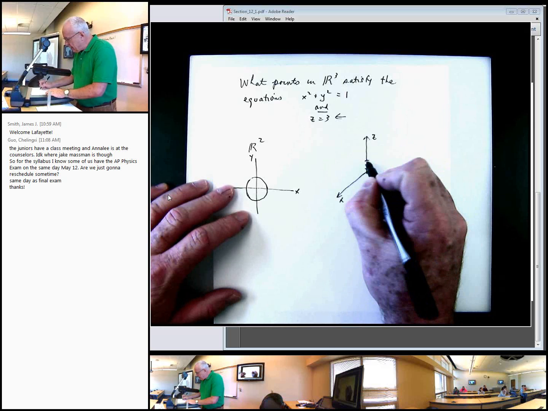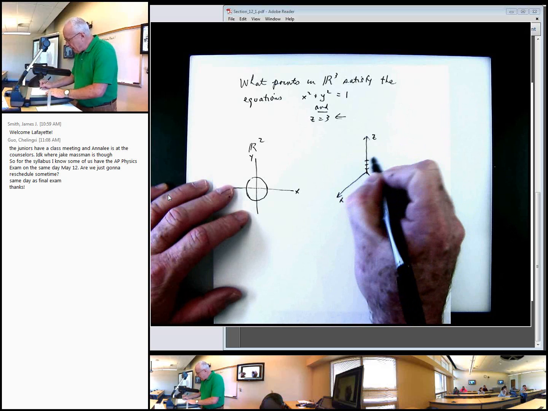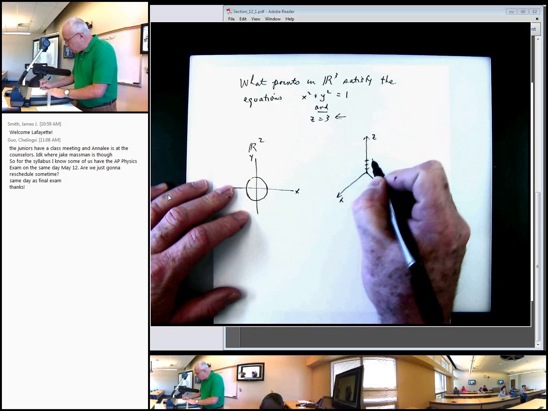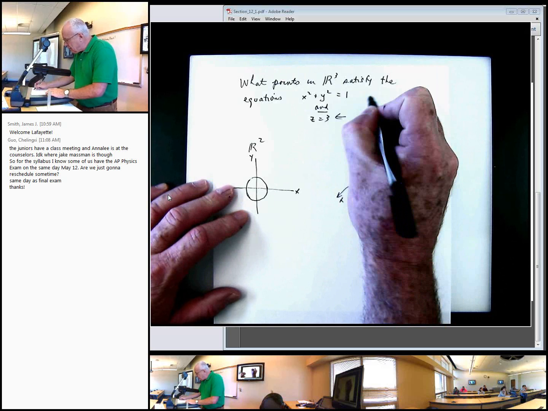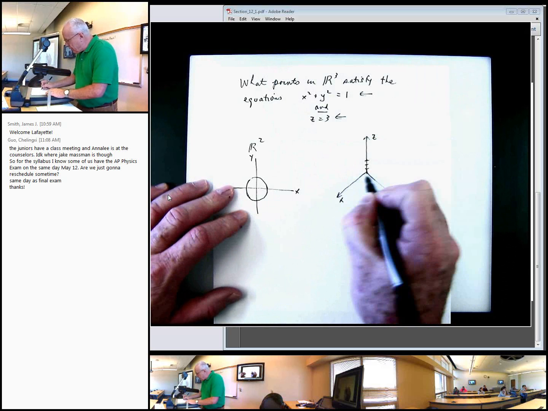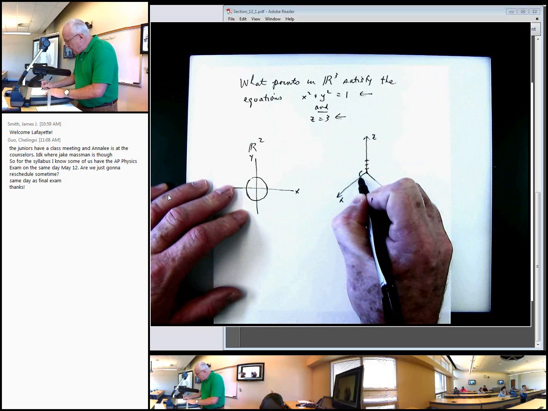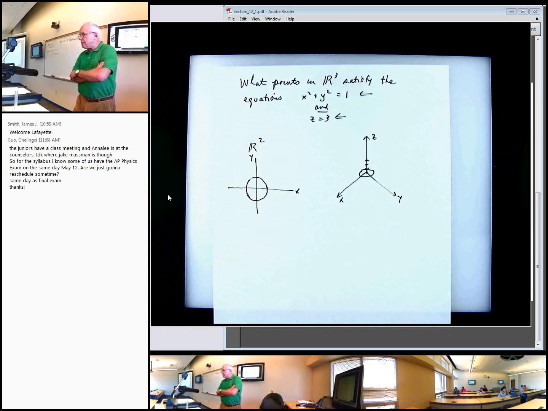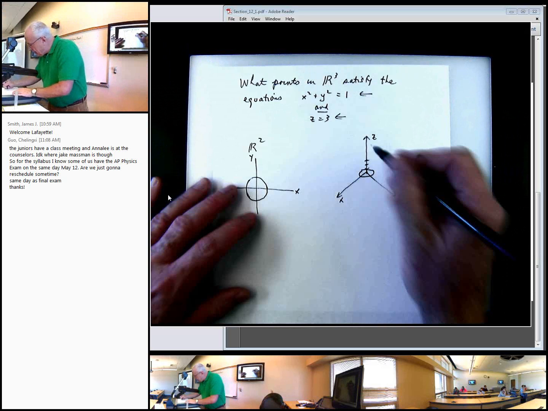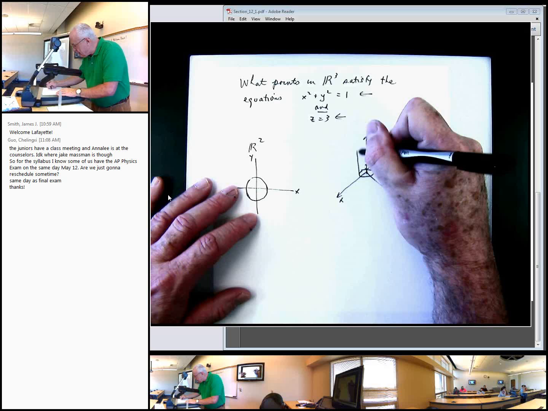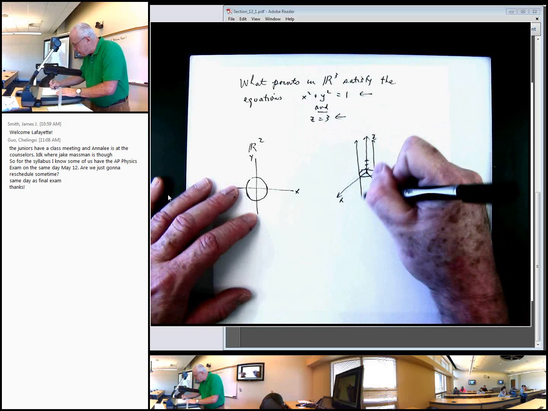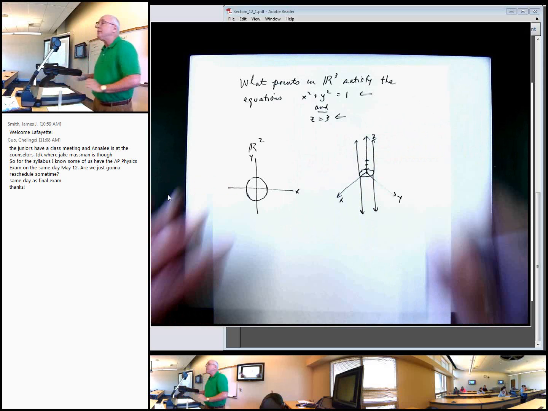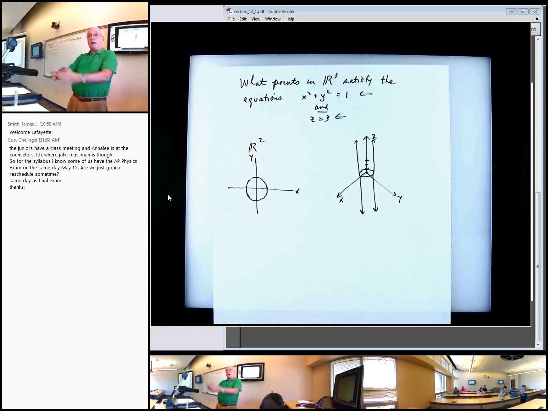Now the thing is, we have to have x squared plus y squared equals 1. Well, if we were just looking at x squared plus y squared equals 1, we would have circles around the z-axis, and they would go up and down for any value of z. So this would give us a cylinder all the way up and down.